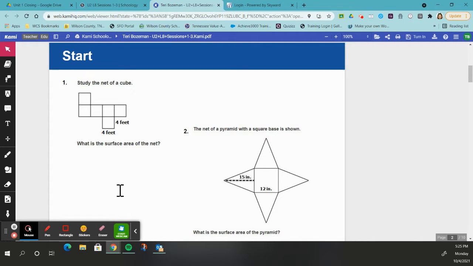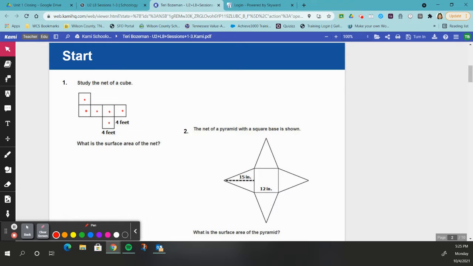So remember, surface area, we find the area of each surface, each face. So each of these boxes is a face on the cube, so you need to find the area of each one and add it all together. So pause the video and do that, and then come back.